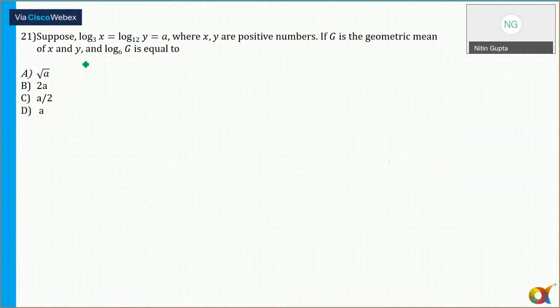Let's see question number 21. It says log of x to the base of 3 is equal to log of y to the base of 12 is equal to a. So when I say log of x to the base of 3 is equal to a, it means x is equal to 3 raised to power a. And log of y to the base of 12 is equal to a means y is equal to 12 raised to power a.